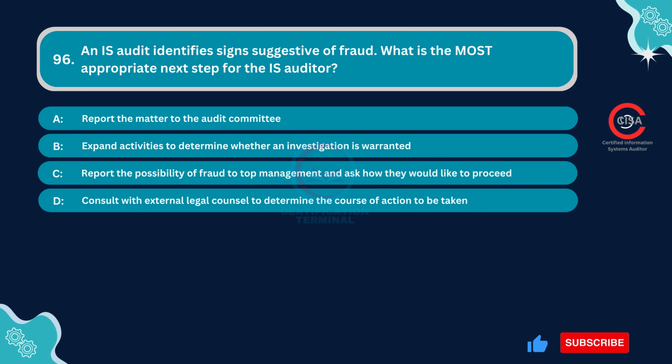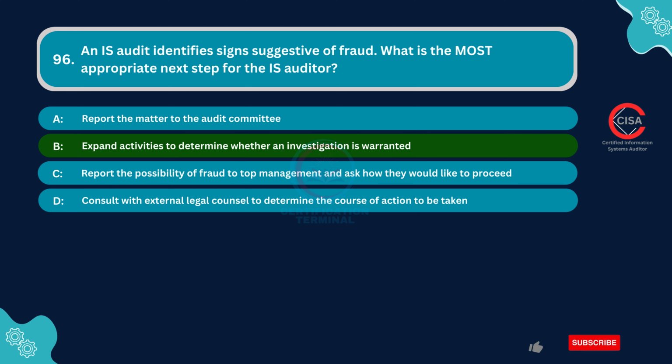The correct answer is Option B, expand activities to determine whether an investigation is warranted. An IS auditor's responsibilities for detecting fraud include evaluating fraud indicators and deciding whether any additional action is necessary or whether an investigation should be recommended. At this stage, the IS auditor has initial suspicions, but more evidence is needed to determine the extent and nature of the potential fraud.